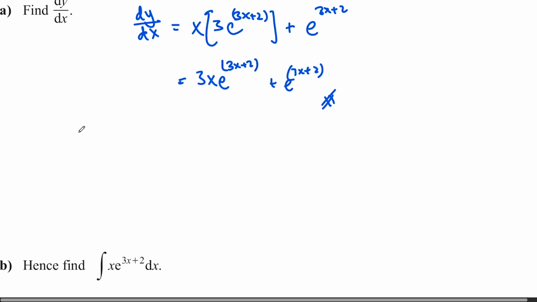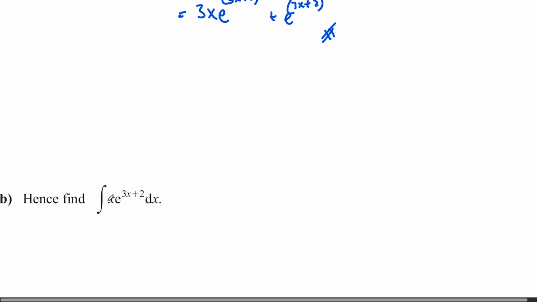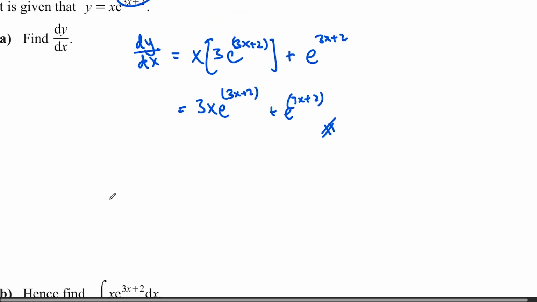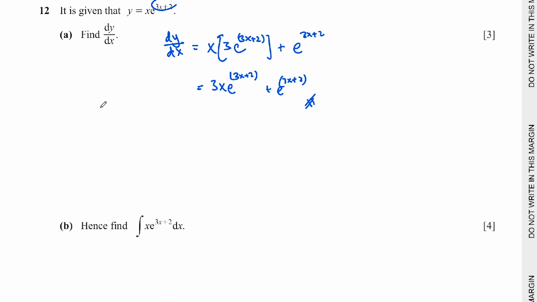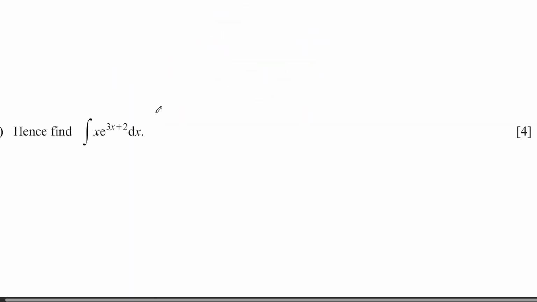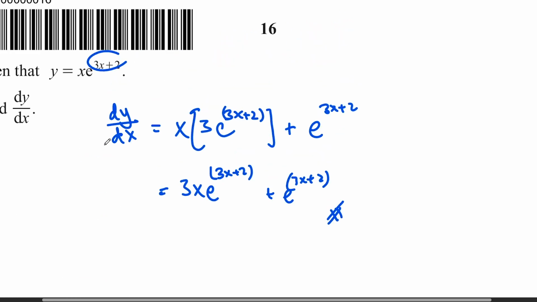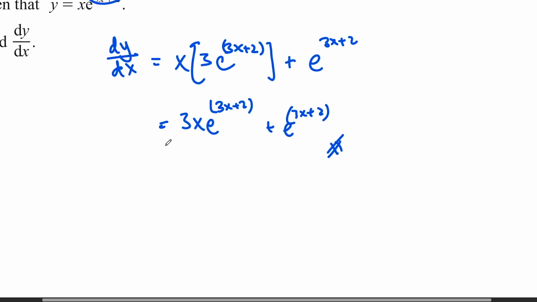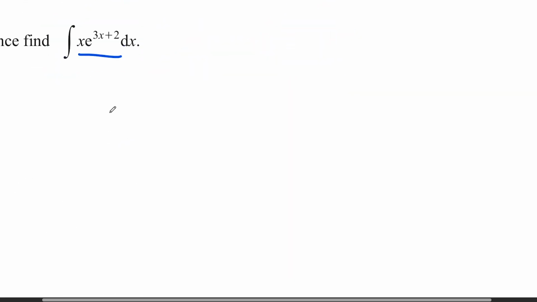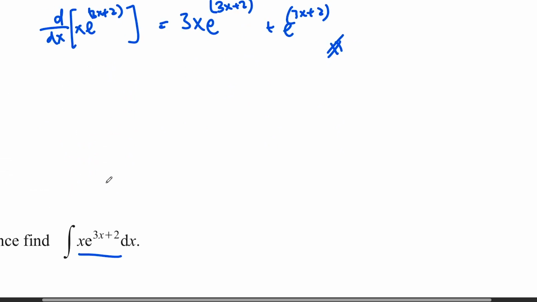Hence find the integral of this. For this type of question, we need to recognize what's inside the integrand and what we have. From the result that we have differentiated, we need to find the similarity and try to make it into this integrand here.